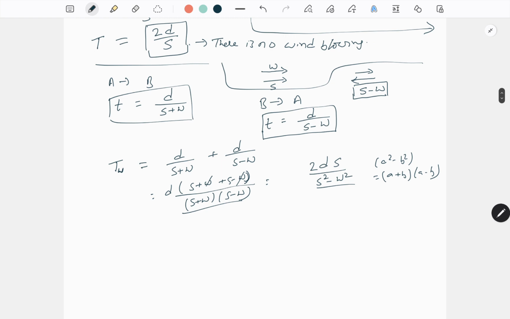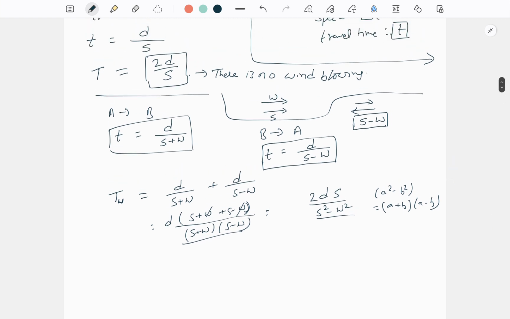Now in the first case we have our total travel time given as 2d by s. In the second case we have our total travel time given as 2d into s by s square minus w square. So let's convert this term by leaving 2d above and removing s from the numerator. We can divide numerator and denominator by s. So here we will get s square by s minus w square by s.